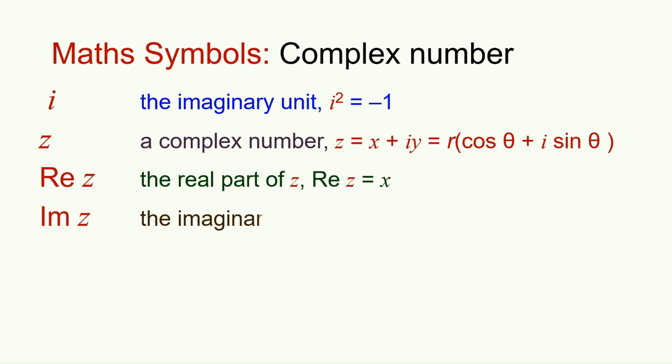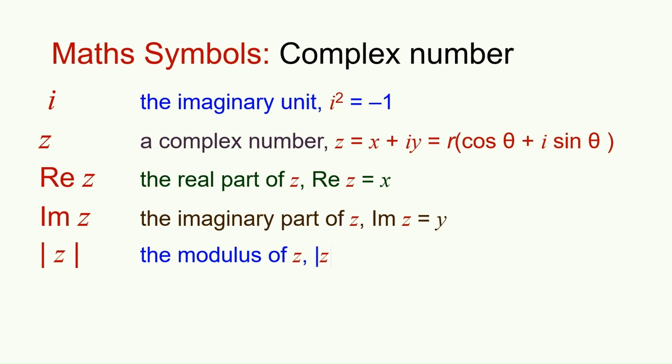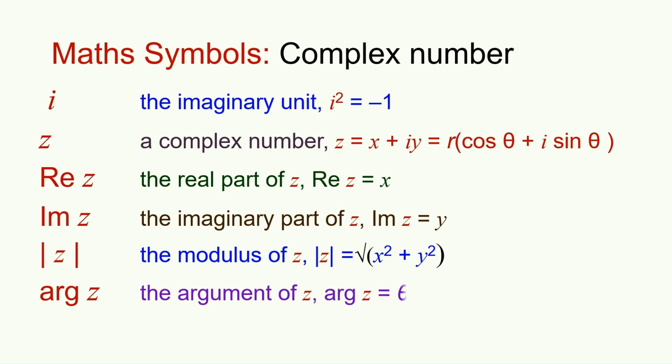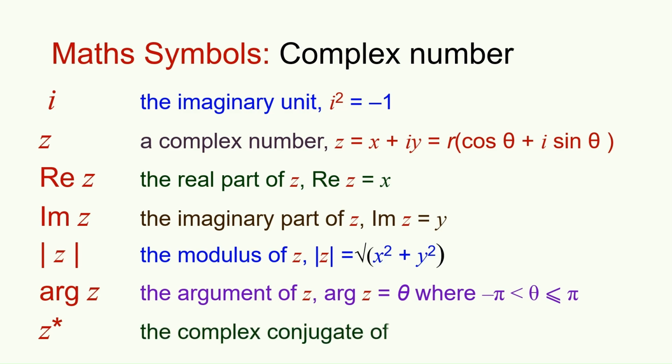Im z: the imaginary part of z, Im z equals y. Modulus of z: the modulus of z equals square root of x squared plus y squared. Arg z: the argument of z, arg z equals theta where minus pi is less than theta is less than or equal to pi. z star: the complex conjugate of z, x minus iy.